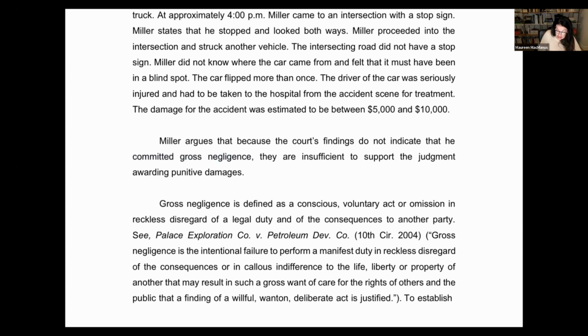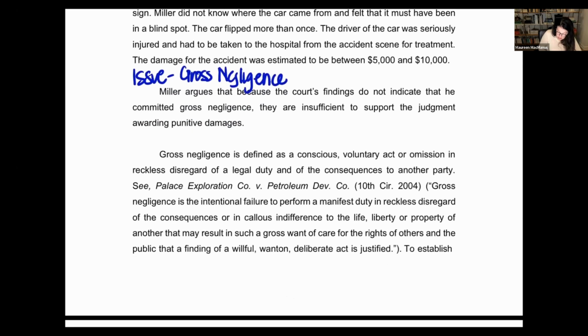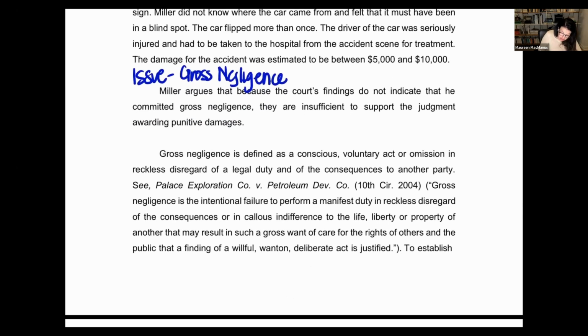So it looks like this case is getting at gross negligence. Gross negligence is defined as a conscious voluntary act or omission, and I want to label this, in reckless disregard of a legal duty and the consequences to another party.